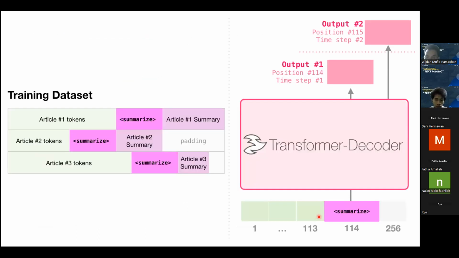By providing several article summaries as prompt, you can turn GPT-2 into an article summarizer. This is called few-shot prompting. Okay, that ends my talk today. Are there any questions?